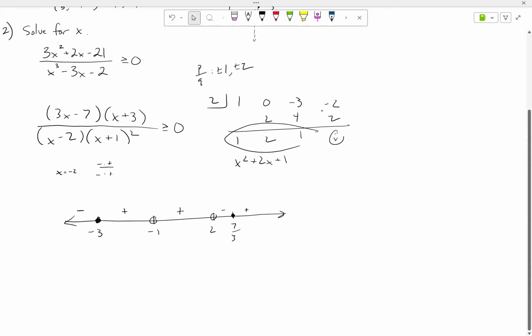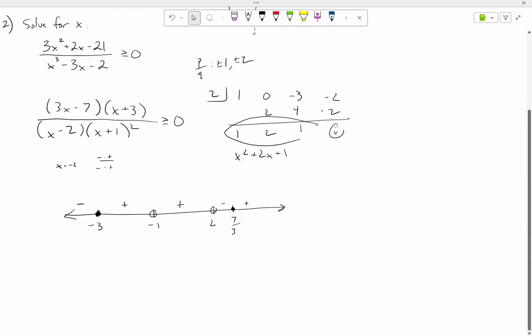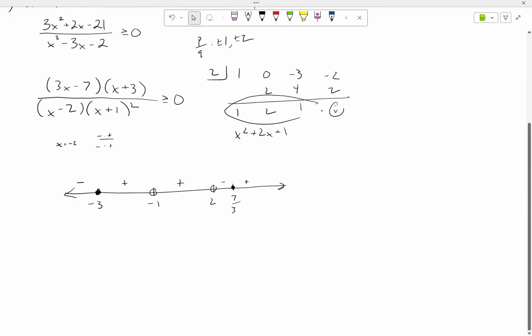Destiny has called someone. Are we ready? Max, what'd you get? I wrote it in interval notation. I like that. I did close bracket -3, comma -1. Okay. Close or open? Oh, wait, open, my bad.